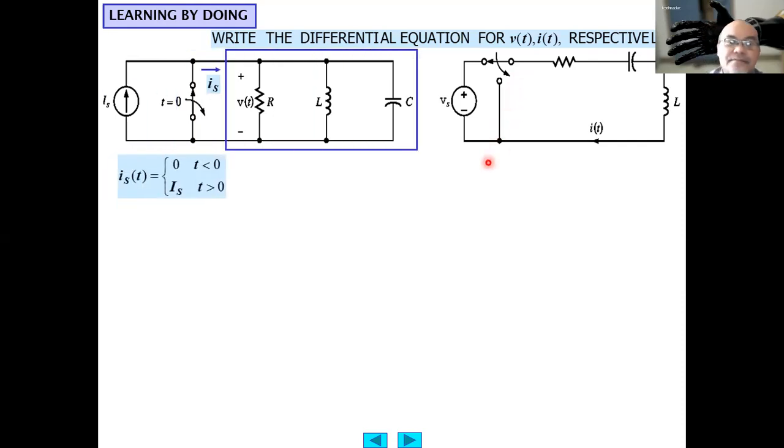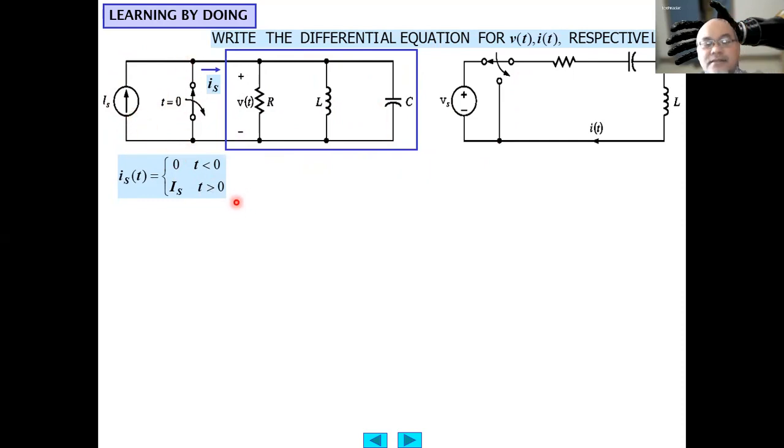Okay, so the current Is at t less than 0 will be equal to 0. Is is the current flowing through the three parallel components, because since this is short circuited, all current from this current source will flow through this wire.